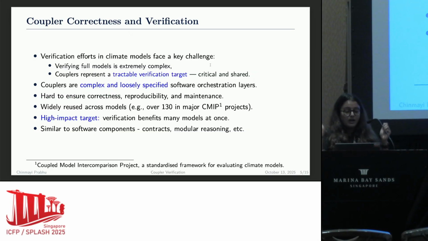Even so, couplers are very complex, loosely specified orchestration layers, because when couplers were originally constructed, they weren't designed with formal verification in mind. Which also makes it hard to ensure any correctness, reproducibility, or even maintenance.